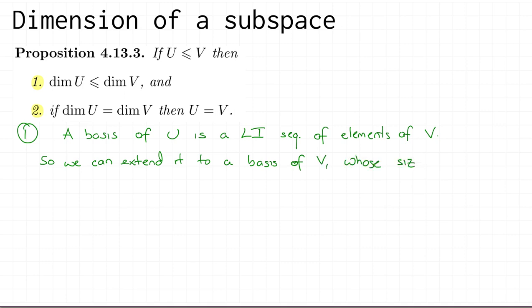So what could we say about the size of this basis? Well, one thing we could say is the size of a basis of V is the dimension of V. But another thing we could say is that we got this basis by extending the basis for U, so it's at least as big as the basis for U was.